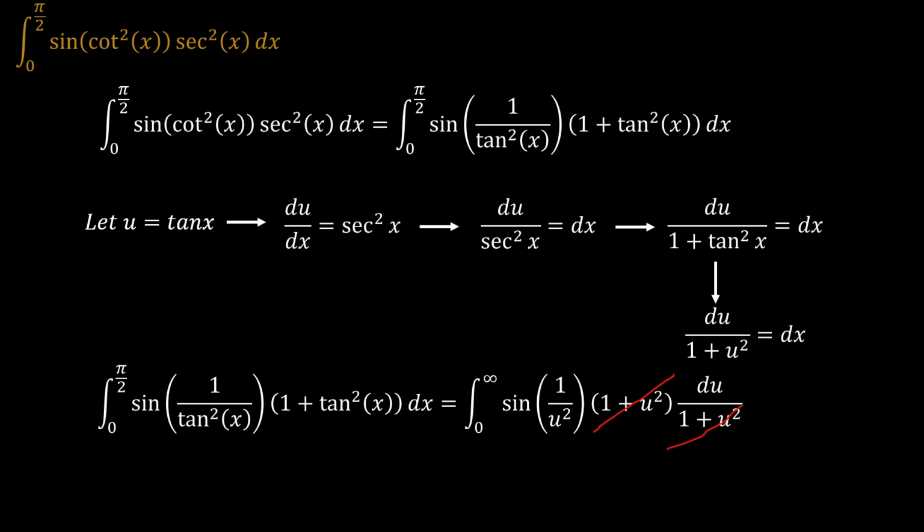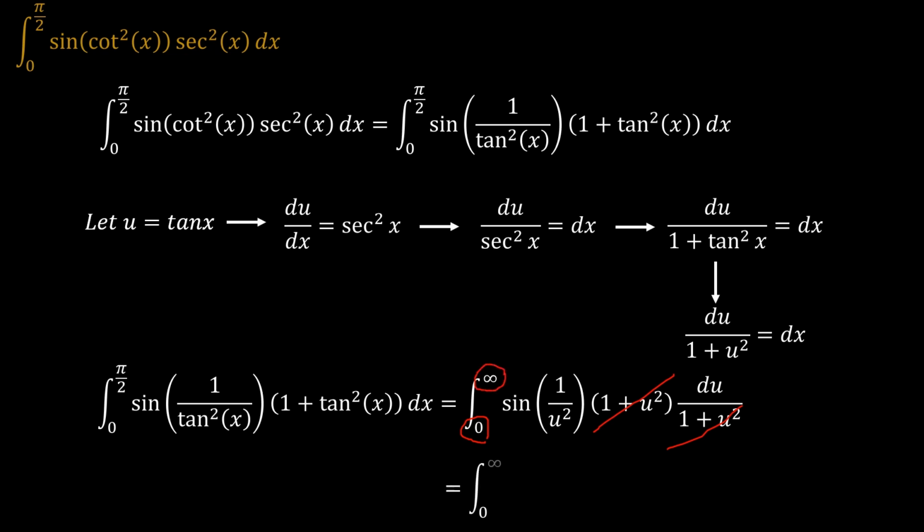One thing to note is that when x is 0, tangent of 0 is 0, so in other words u is 0, as we can see here. When x is pi over 2, tangent of pi over 2 means that u tends to infinity, as we see here.